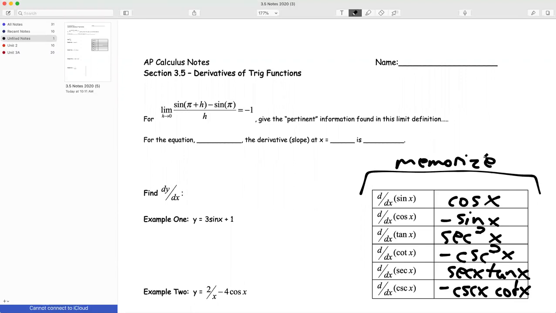All righty. Well, here we go. For the limit as h approaches 0 of sine of pi plus h minus sine of pi all over h is equal to -1, give the pertinent information found in this limit definition. Okay, so what does this mean?